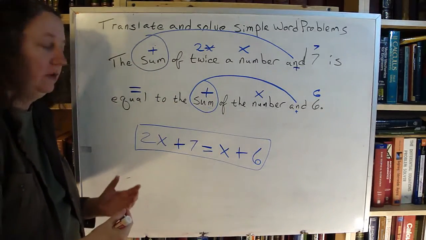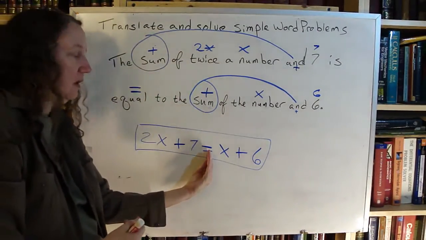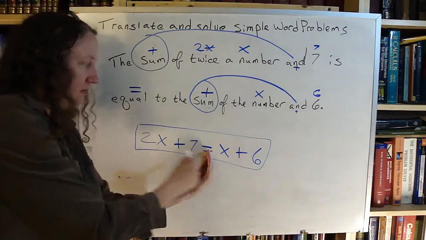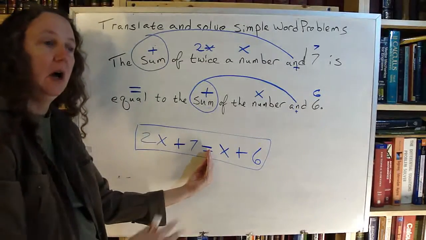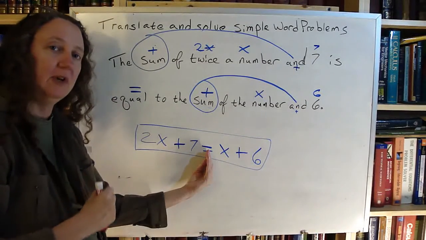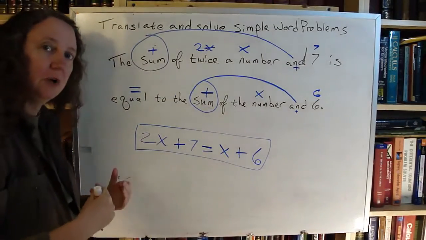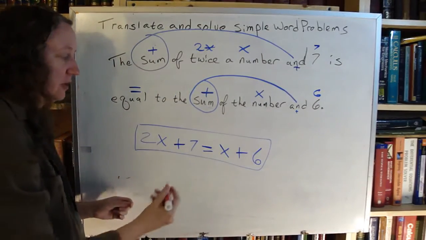So first thing I want to do with this, does my letter show up more than one time? Yes. I want to get my letters all on the same side of the equal sign. Personal preference, I like positive coefficients.